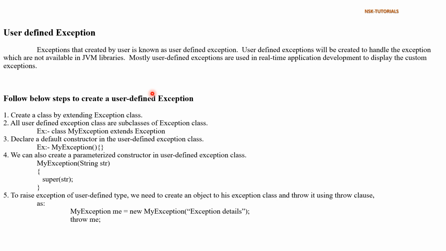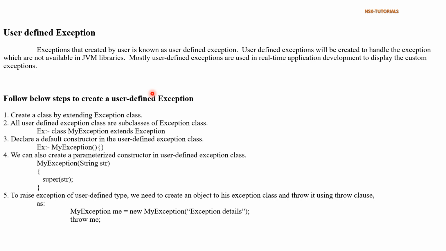To create a user-defined exception, we need to follow the below steps. Step number 1, we need to extend the class as Exception, Throwable or RuntimeException. If we want to make the user-defined exception only a runtime exception, we need to extend the class as RuntimeException.